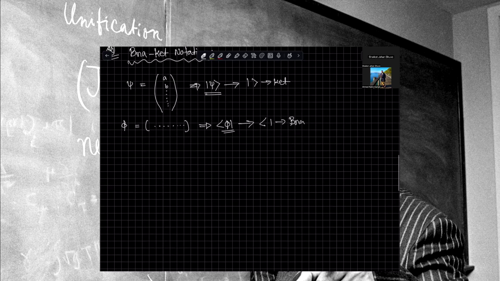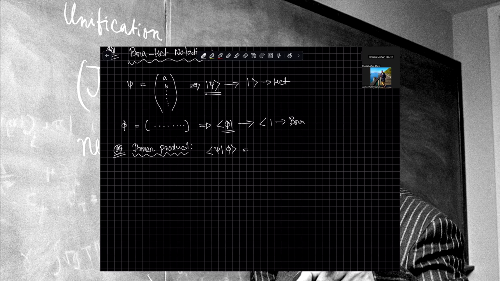So now what you can do, once you have a row vector and a column vector, you can do a dot product type of thing. That's something we will call in quantum mechanics the inner product. So inner product is just a generalized dot product. You can think of it like that for now. So the inner product is denoted by this. Let's say you want an inner product of psi and phi. It looks something like this.